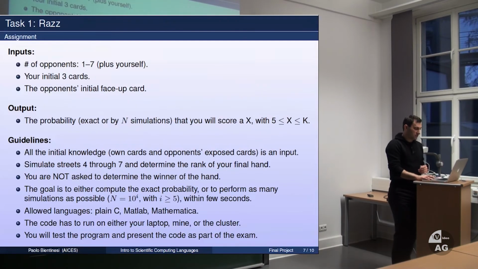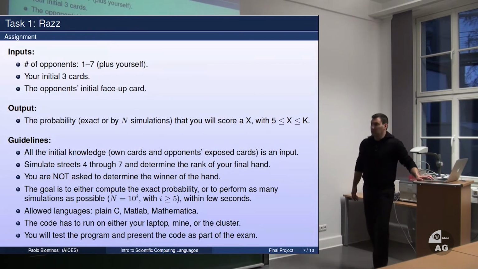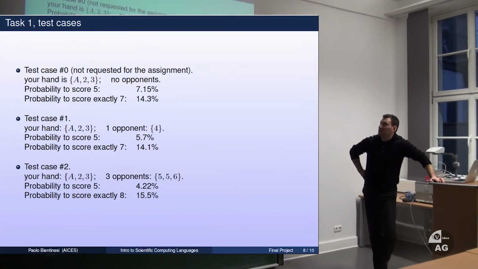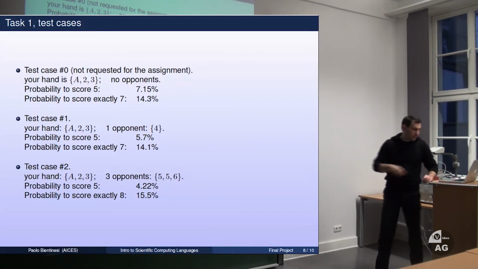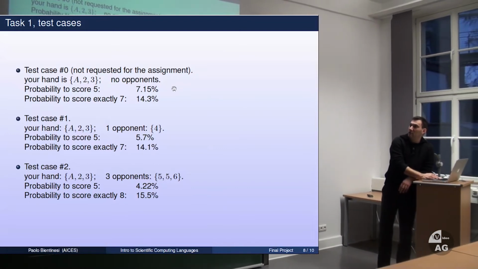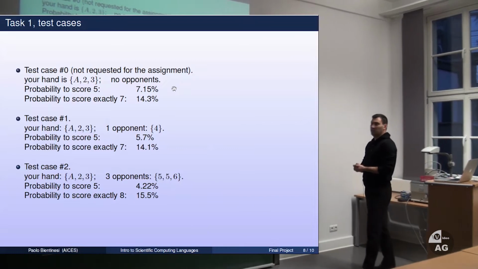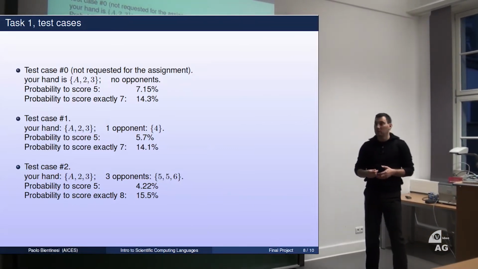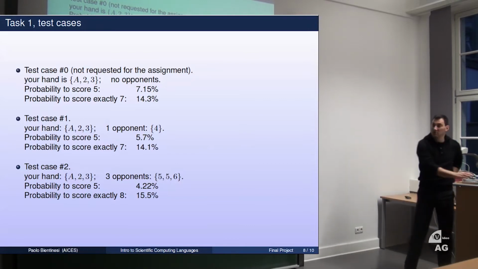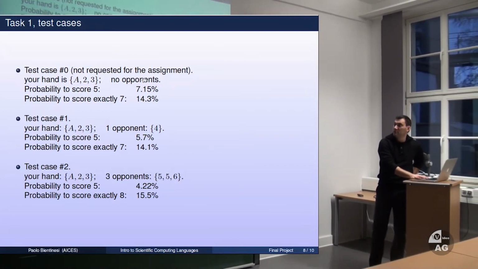More questions? Since I'm a nice guy, I actually help you and give you some test cases so that you can test your program and have an idea of how you're doing. The first test case is not something your program is required to support, because here you have no opponents.